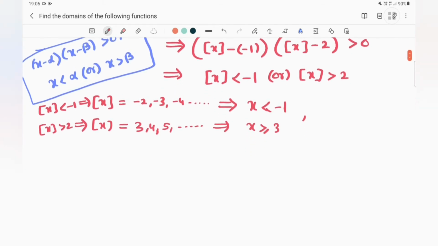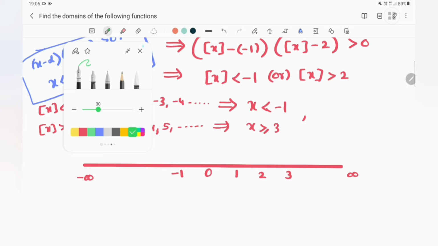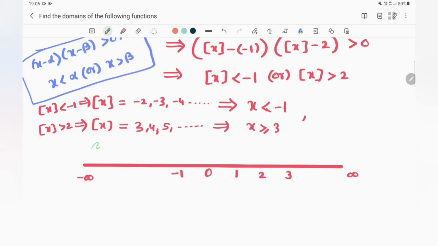If you want to represent this in the real number line, this is the real number line: 0, minus 1 will be here, then 1, 2, 3 and so on up to plus infinity, and here minus infinity. Observe carefully, I am representing this in the figure.